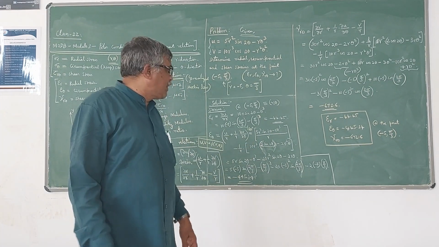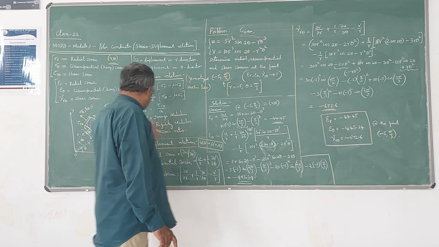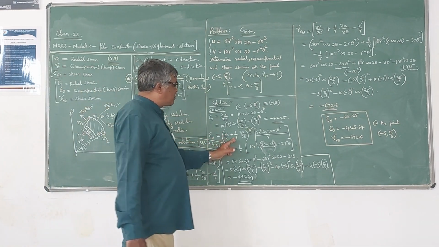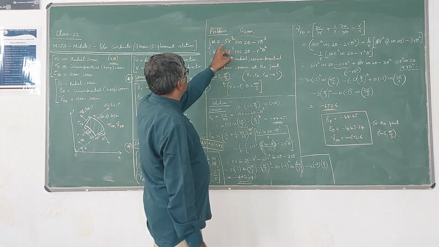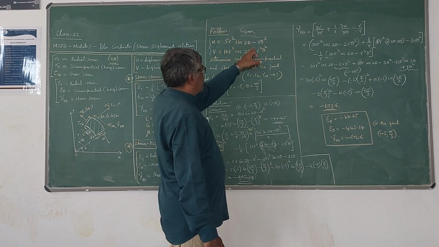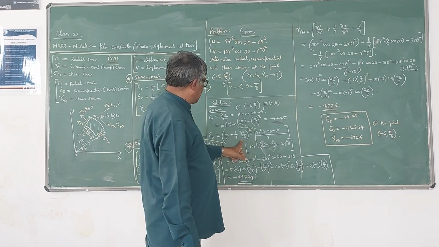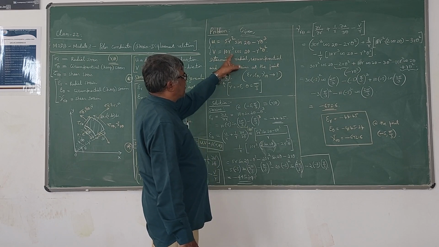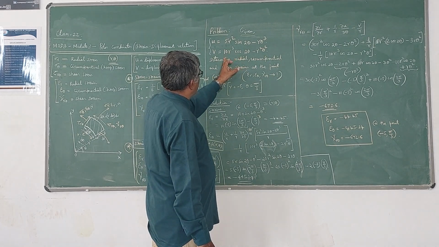Be careful about that. Similarly, epsilon theta is the normal strain in theta direction, that is, in the circumferential direction. The formula is u by r plus 1 by r into dou v by dou theta. So u by r, u is already there, divided by r means it is 5r into sin 2 theta minus theta cube. And here plus 1 by r into dou v by dou theta. This you have to differentiate with respect to theta, and then divide by r.